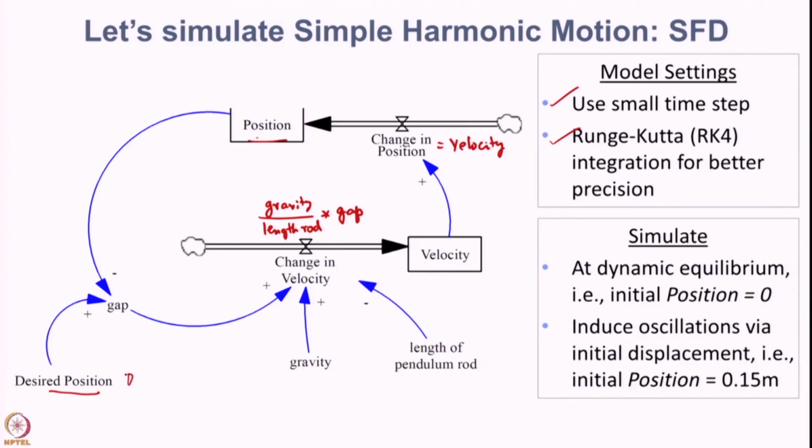So, if actual position is also 0, that means there is no external force acting on the pendulum. So, both positions are 0. So, the system is in a dynamic equilibrium, so nothing should happen. We can easily induce oscillation by initial displacement, keeping initial position as 0.15 meters. So, we are going to simulate both these scenarios in Vensim and see what happens.